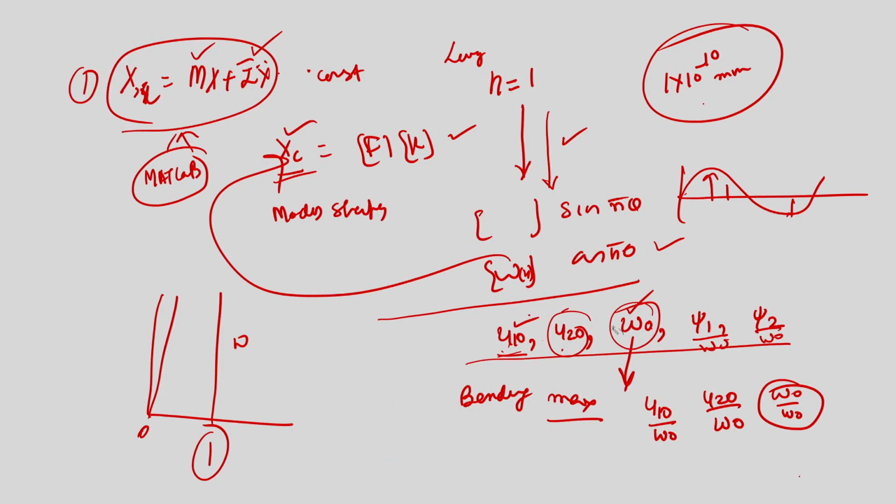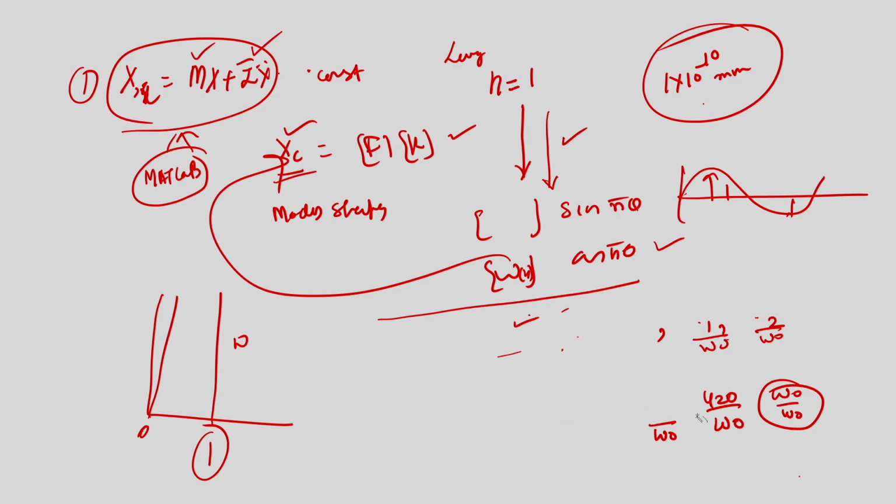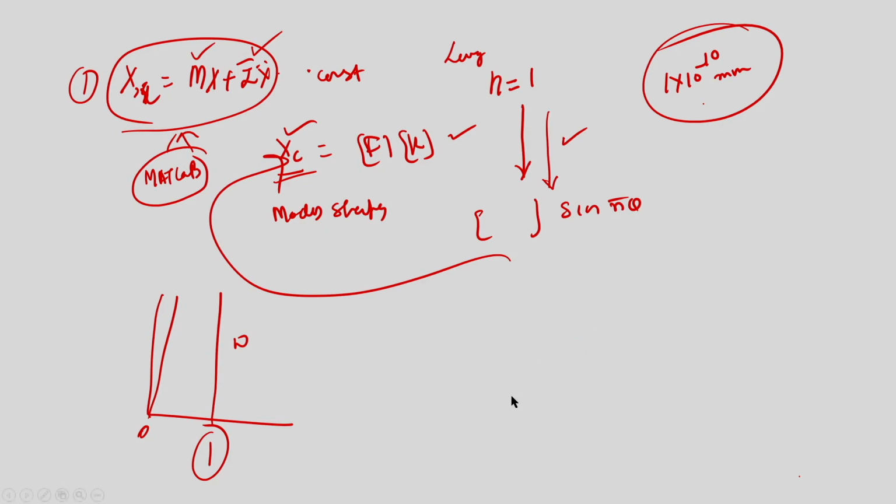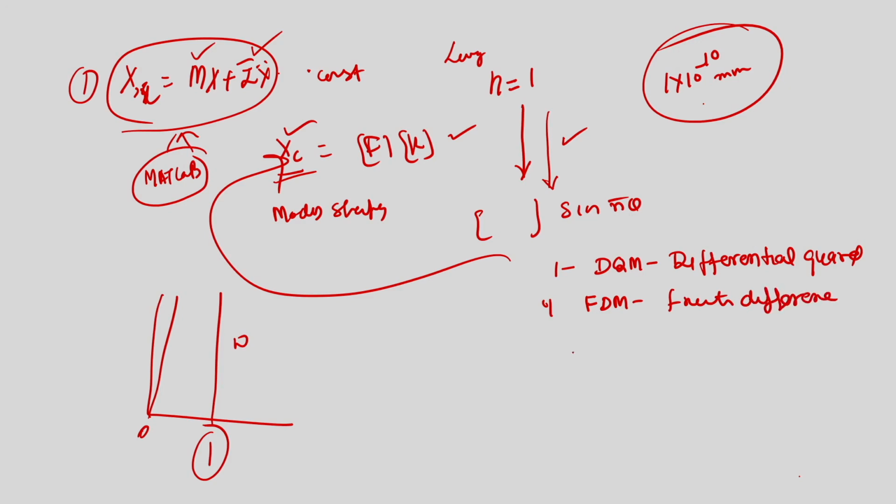I would like to explain that recently I have gone through some research articles where shell problems are solved using DQM, the differential quadrature method. Then we have FDM, the old technique, finite difference method. Then SSDQM, state space DQM.